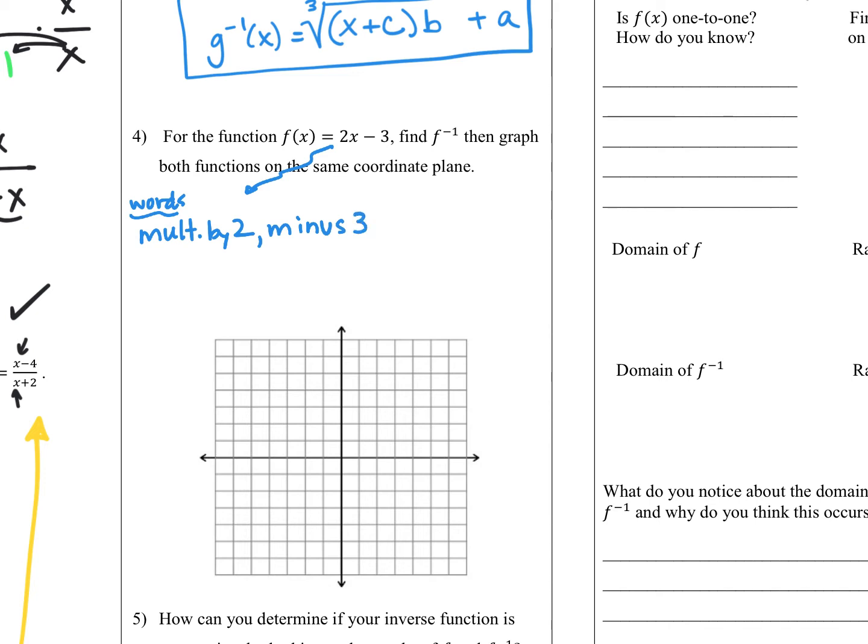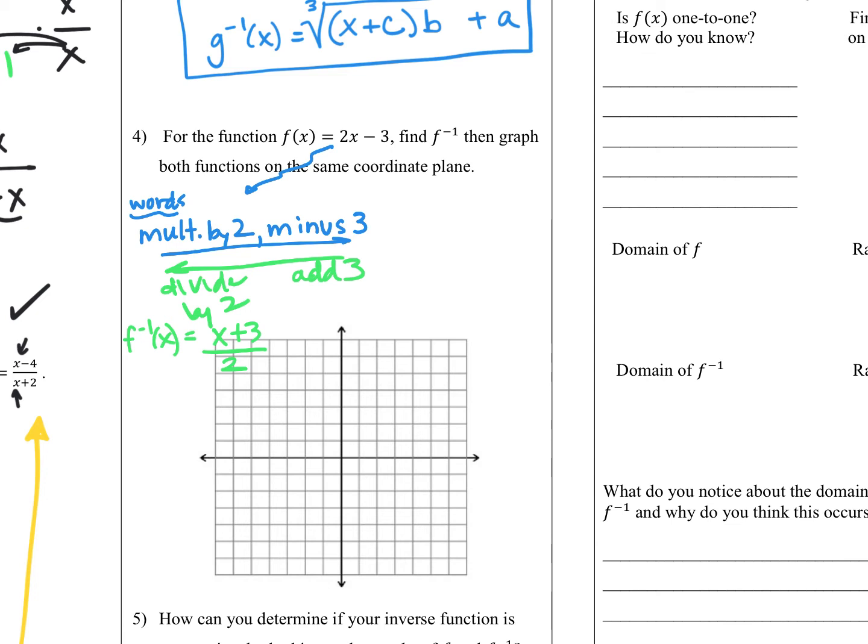So that would mean that the inverse, again going the opposite direction, is going to have to add 3, then divide by 2.